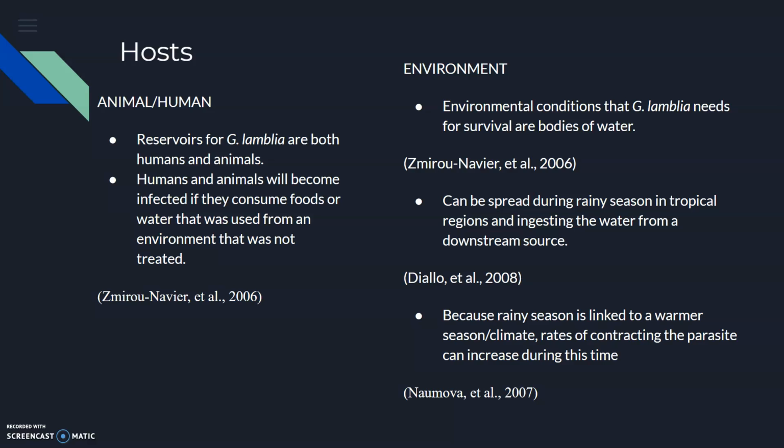And it's more common during rainy season since it's a constant stream of rain going from point A to point B. And then because the rainy season is linked to a warmer season and climate, rates of contracting the parasite will increase because people will be going into water and unintentionally drinking more lake water or other contaminated sources.